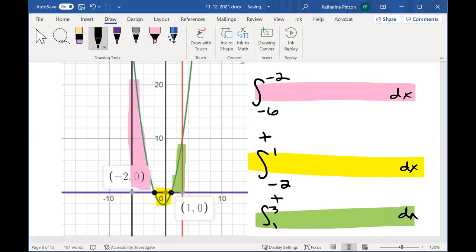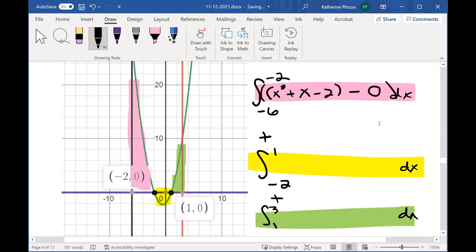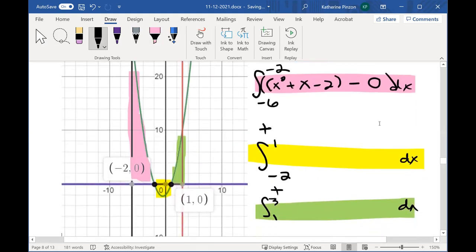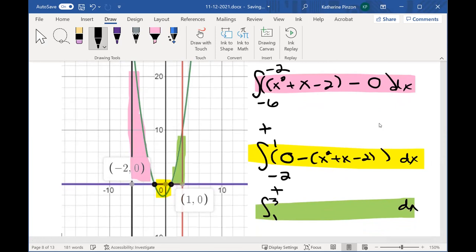Okay, in the pink one, the function x squared plus x minus 2 is on the top and 0 is on the bottom. Is that the right function? Yes. In the yellow one, 0 is on the top and x squared plus x minus 2 is on the bottom. In the green one, the x squared plus x minus 2 is back on the top and 0 is on the bottom.